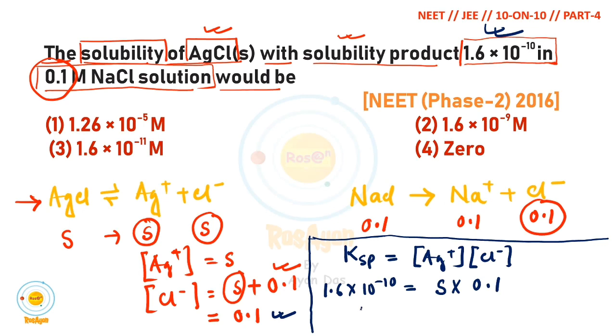Now calculate the value of S, that equals 1.6 into 10 to the power minus 9 molar. So the right answer is option 2. Now let's move on to the next question.